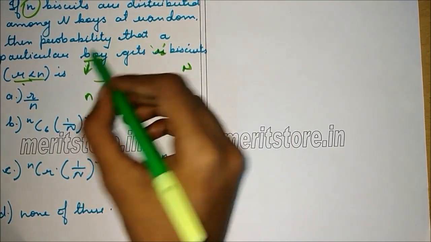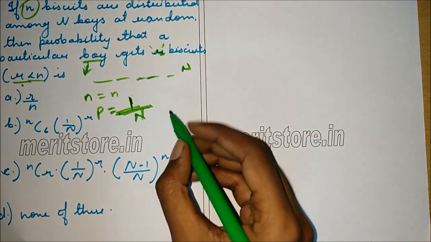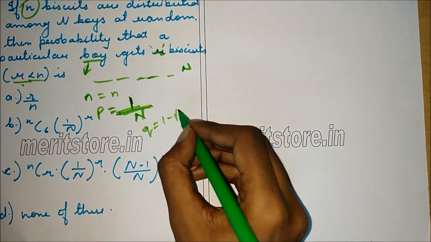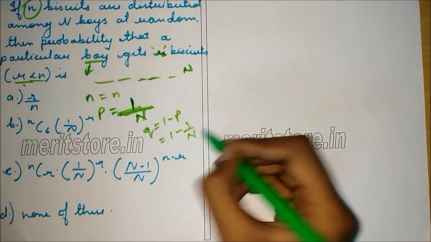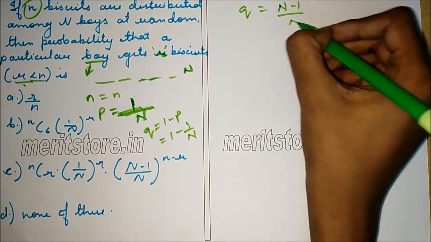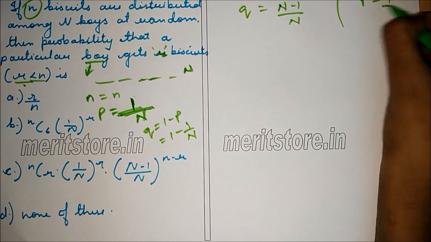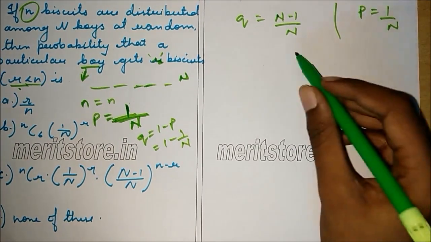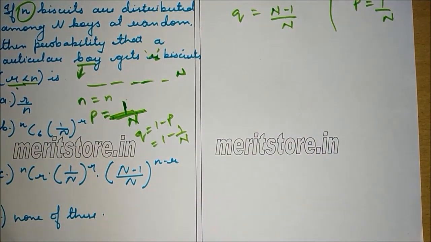So q will be 1 minus p, which is 1 minus 1 by n, so q will be (n minus 1) by n. So p is 1 by n and q is (n minus 1) by n.